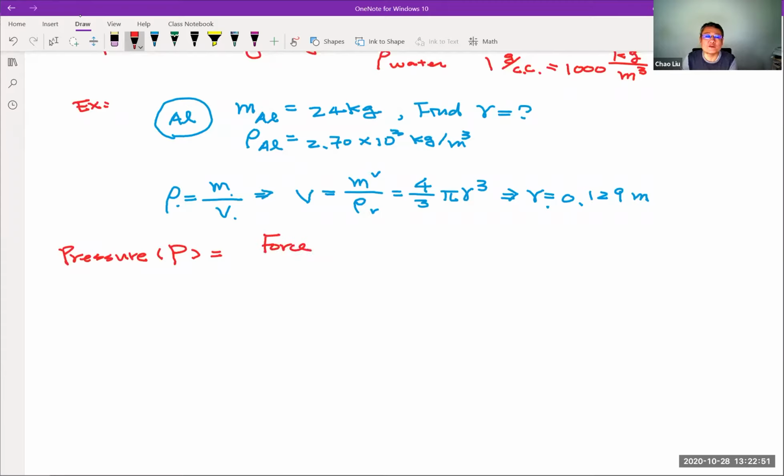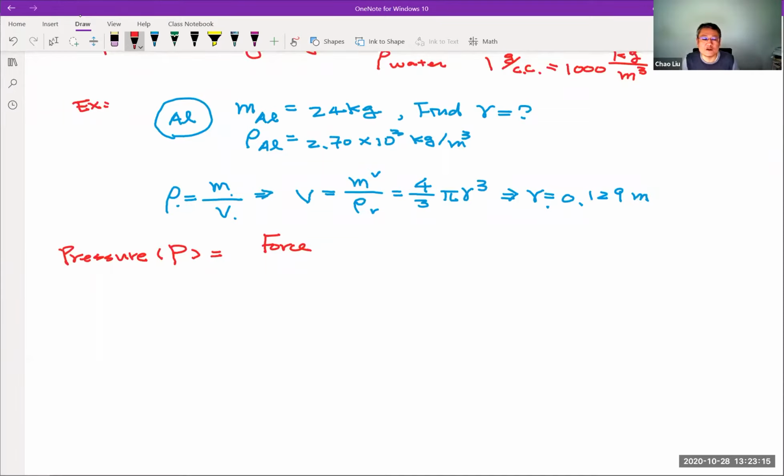The other thing pressure depends on is the area. If you apply a force with a sharp object as opposed to pushing with a dull area, then the sharp object will give you a lot more pressure if you apply the same amount of force, right?